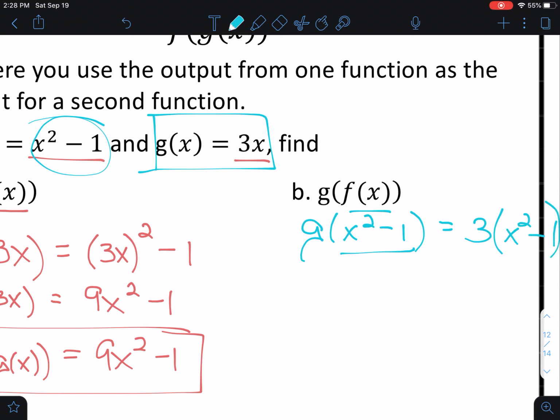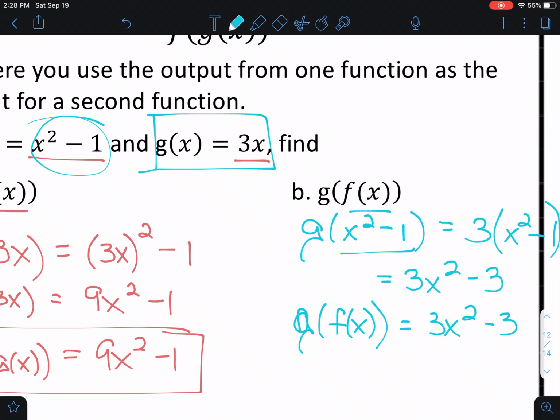I'm kind of running out of room there. All right, and now I'm going to simplify that function. So that would be distribute the 3, we get 3x squared minus 3. So that means g of f of x is equal to 3x squared minus 3.